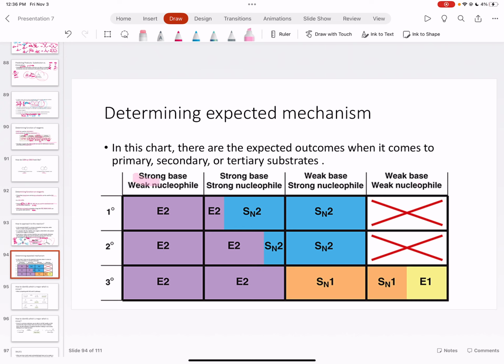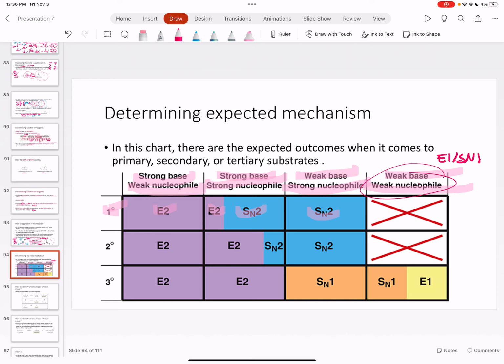So if you have a strong base, weak nucleophile, and it's primary, you can have E2. If you have a strong base, strong nucleophile, and primary, you can get E2 and SN2 combinations. Have a weak base, strong nucleophile, primary, you can get an SN2. Weak base, weak nucleophile, primary: in this case we have weak base and weak nucleophile, we have an E1 SN1 combination.